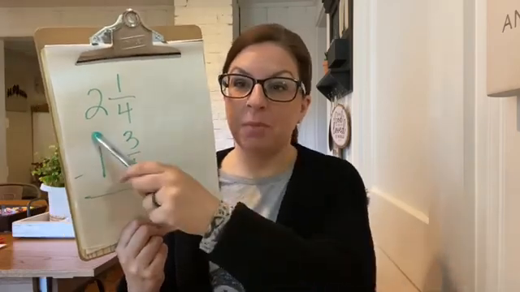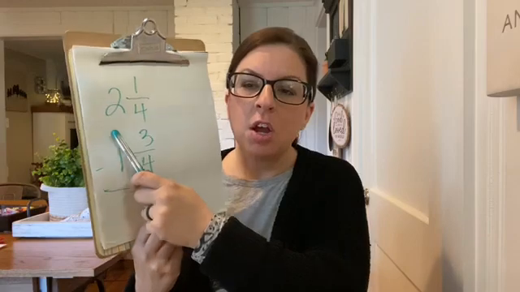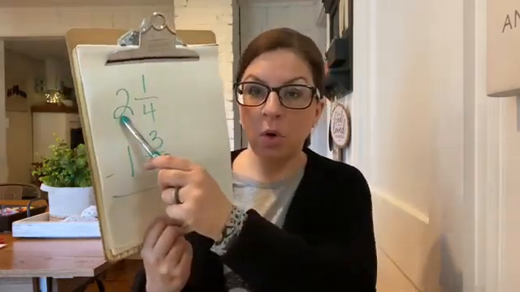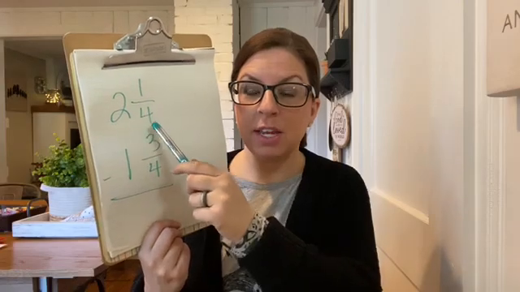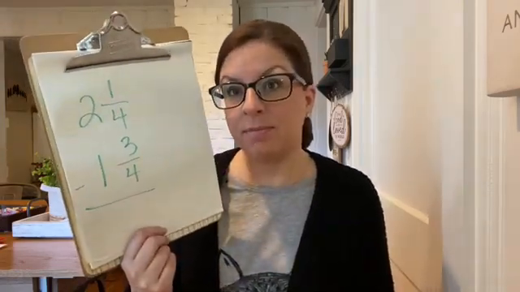But this time we're going to borrow from the whole number. So if we're borrowing 1 whole from the whole number and we're turning it into fourths, how many fourths are you going to give to that 1/4? Okay, well, let's find out. I have my fourths here.